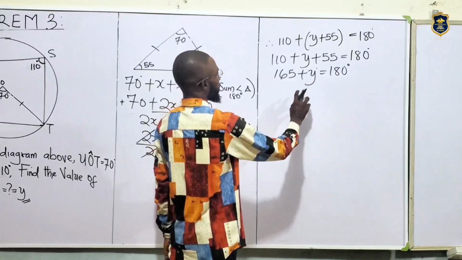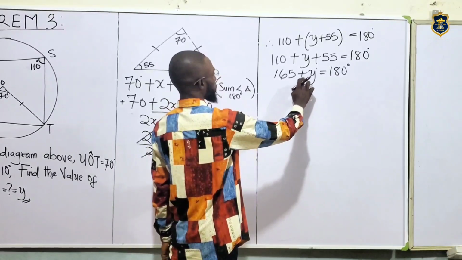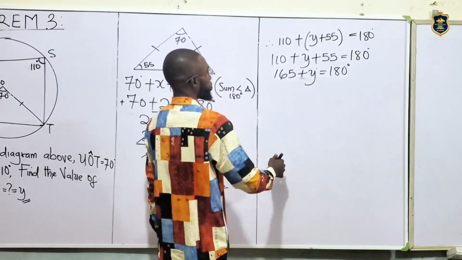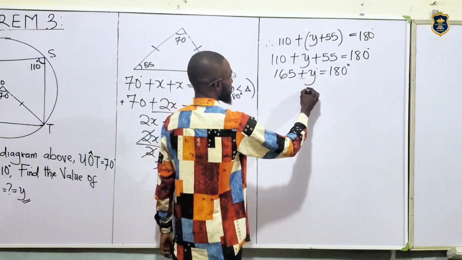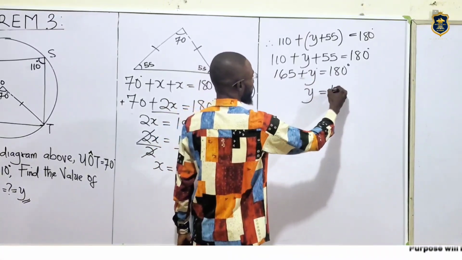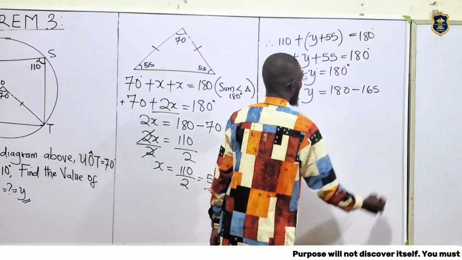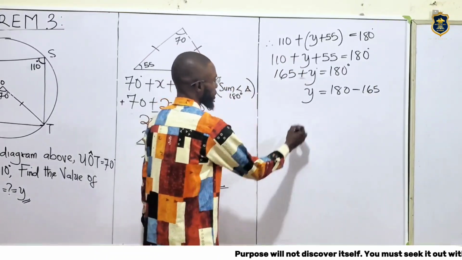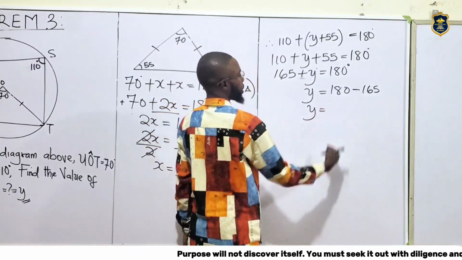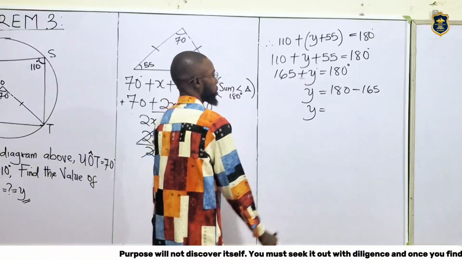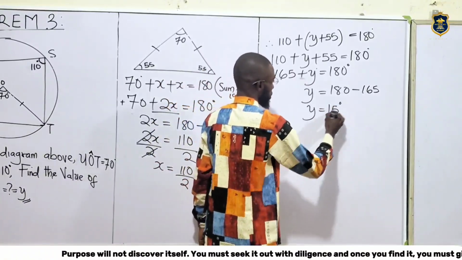This is a number, this is an alphabet, and the operator sign plus here does not support that we add them up. So Y will remain. We have 180. This one will cross to give us minus 165, right? So if we do that, Y will be equals to 180 minus 165 will become what? 15 degrees. That's the value of Y.